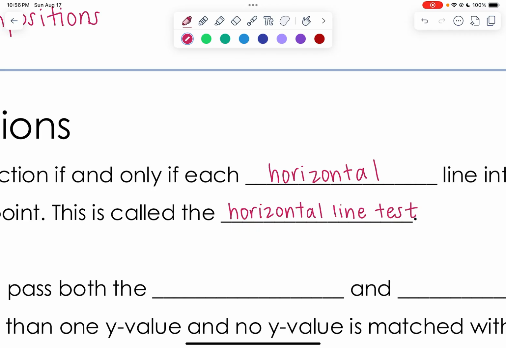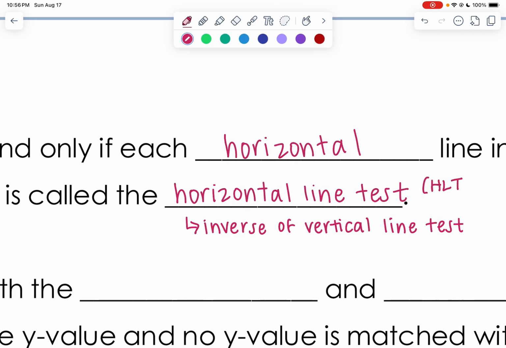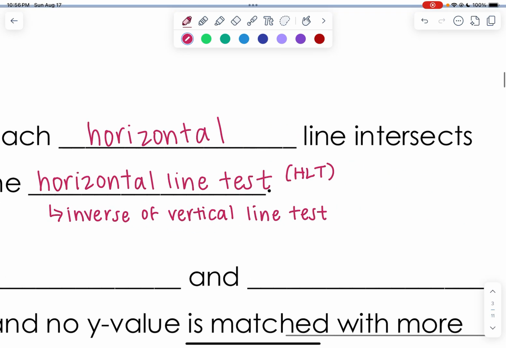Now, you checked if something was a function using the vertical line test, so then you use the horizontal line test to see if the inverse function is there. So, the horizontal line test is just the inverse of the vertical line test. And you'll typically see HLT for horizontal line test and VLT for vertical line test.